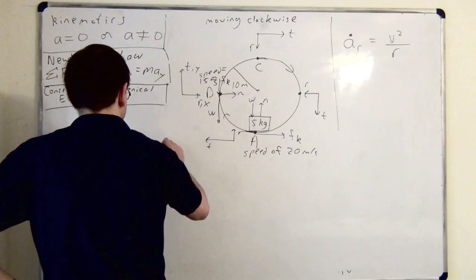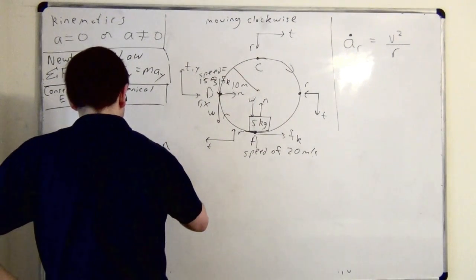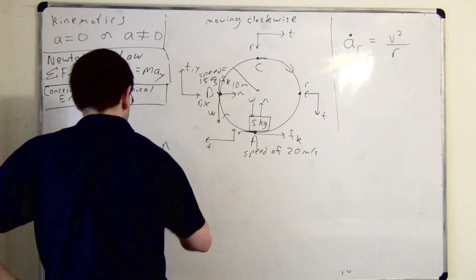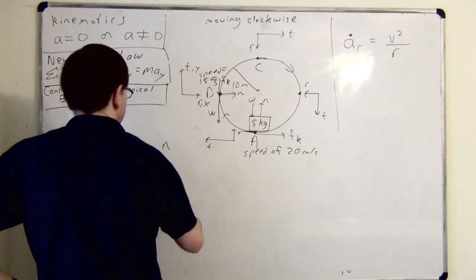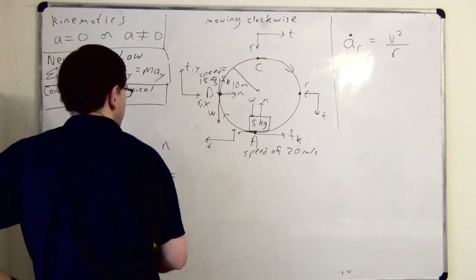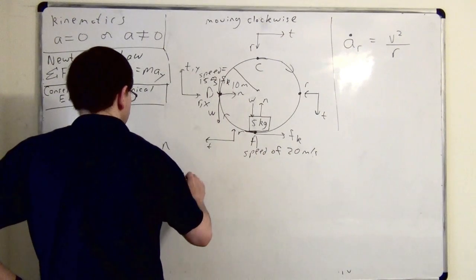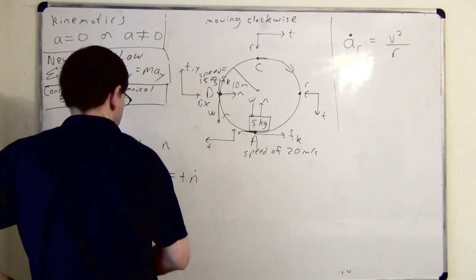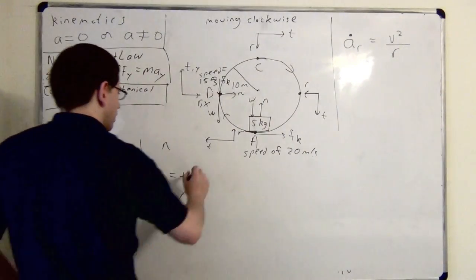Then we have a normal force. So what can we say about normal radial and normal tangential? Normal radial is going to be positive N, and normal tangential is going to be 0. Good.